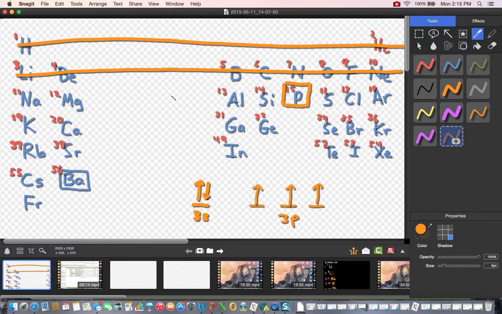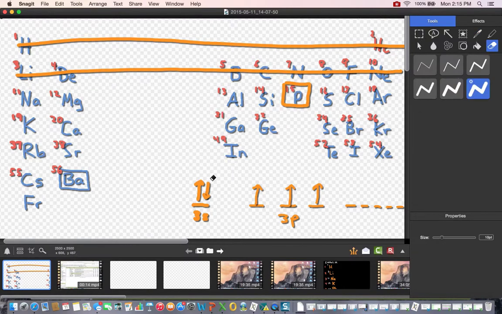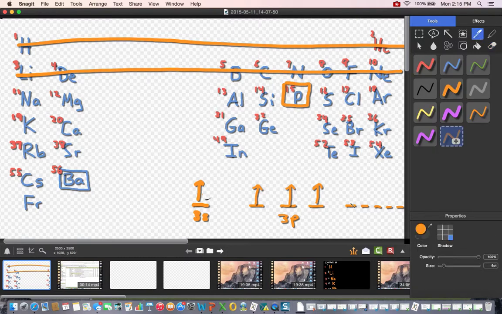However, we have 3d unfilled orbitals in the third row of the periodic table, which means I could also promote or hybridize one of these from the 3s. This of course requires energy to do so, but notice the payback that we're going to get. We go from being able to make 3 bonds now to being able to make 5 bonds.